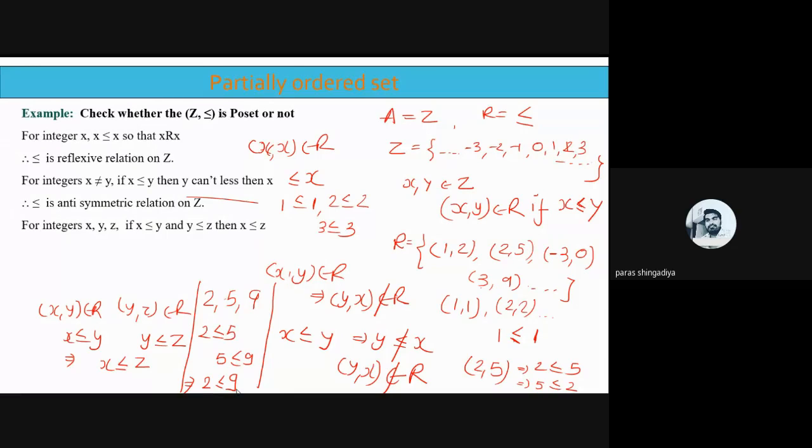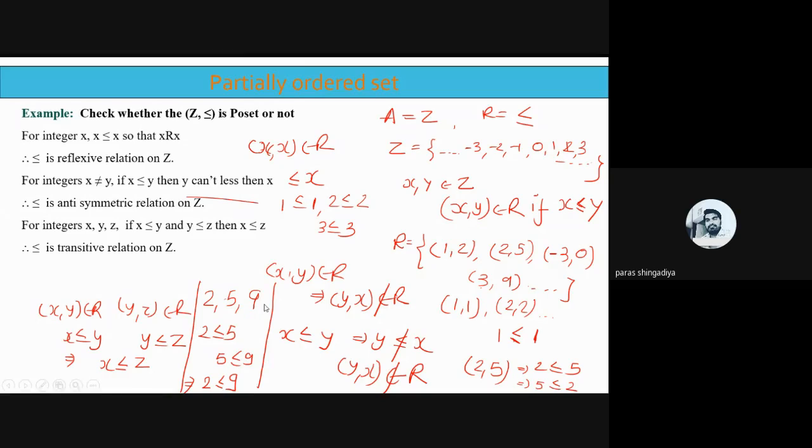Clear? That is valid for any case: if (x, y) belongs to R and (y, z) belongs to R, then based on these two relations, (x, z) also belongs to R. Therefore, it is a transitive relation on Z.